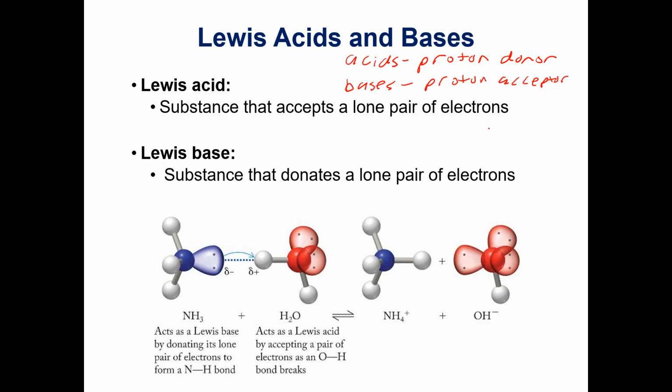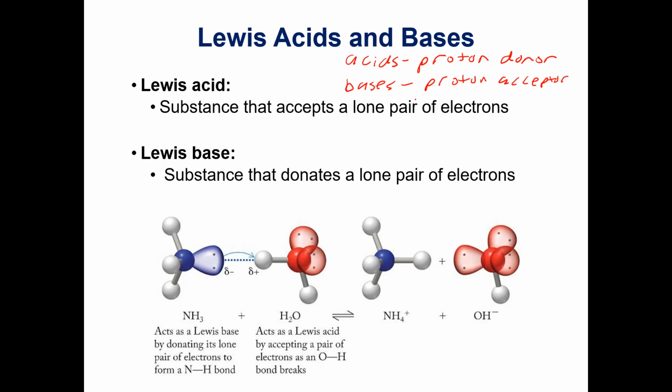And specifically, we accept or donate a lone pair. So it's always going to be one pair of electrons that gets accepted or donated. So a Lewis acid would accept a lone pair of electrons, and a Lewis base would donate a lone pair of electrons. Those of you who are planning on taking organic chemistry will get very familiar with Lewis acids and bases there.